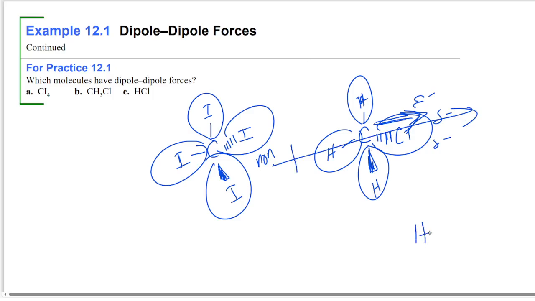Now HCl has a difference in electronegativity of 2.1 versus 3.0, so we have a difference of 0.9, and that is large enough to be polar, and therefore HCl is polar.